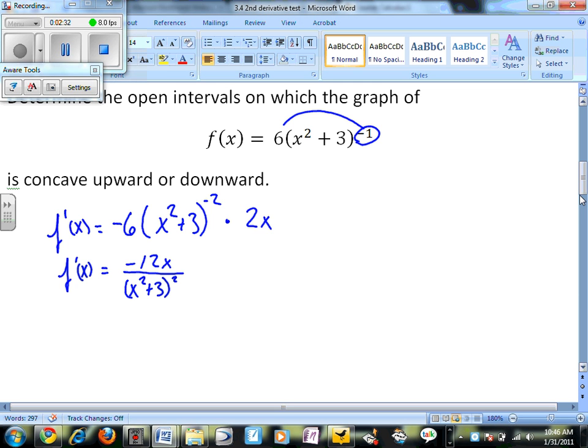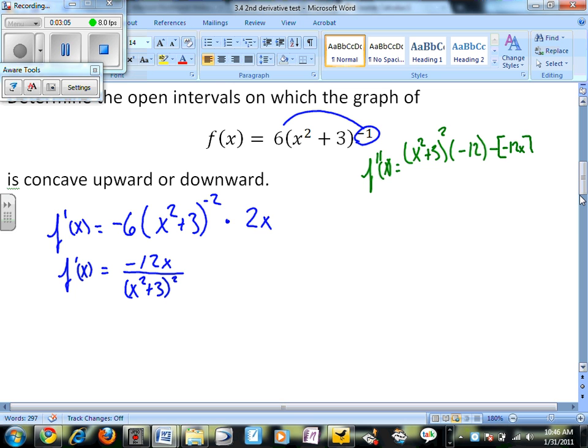Now I need to find my second derivative. It looks like we're going to have to do the quotient rule here. The quotient rule says we bring up the bottom, x squared plus 3 squared, times the derivative of the top, which is negative 12, and then we subtract the top, negative 12x, times the derivative of the bottom.